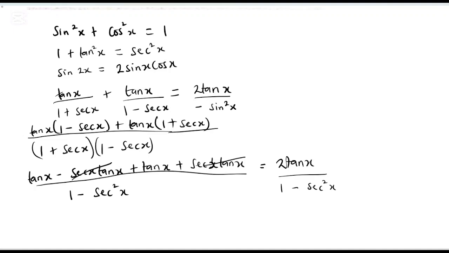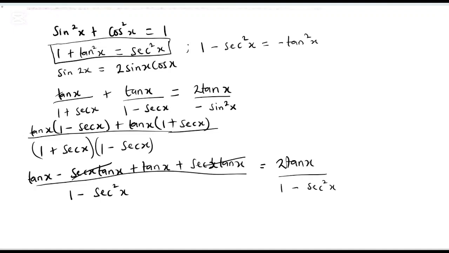So from a trig identity, we know that 1 plus tan squared x is equal to sec squared x. So 1 minus sec squared x will be equal to minus tan squared x.